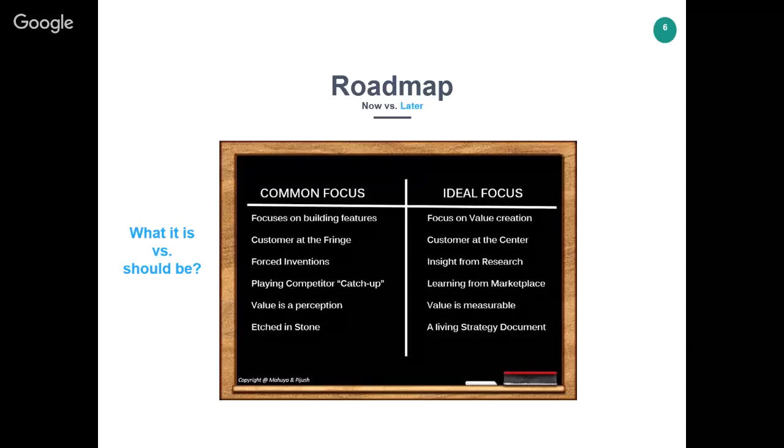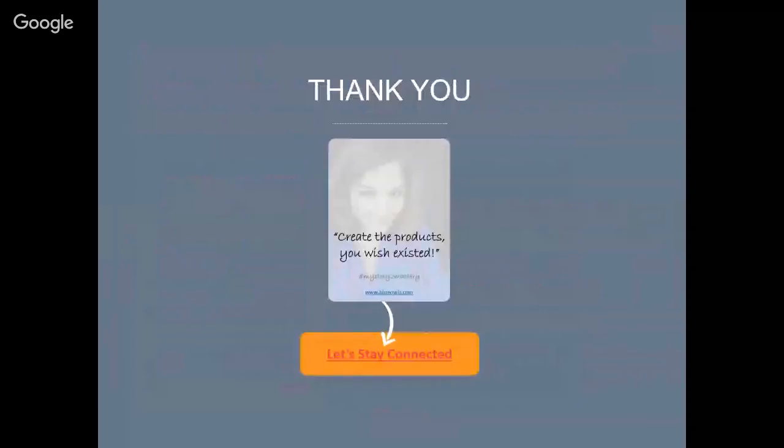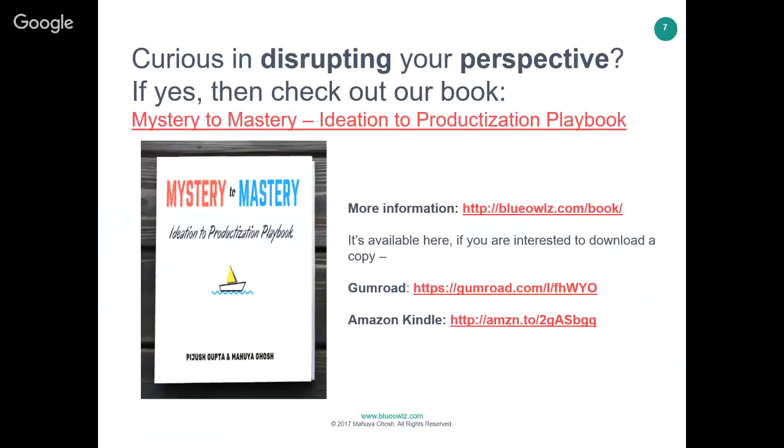Before I move on, I cannot emphasize enough that an ideal roadmap should be based on outcomes, not on features. This slide summarizes the common mistakes that people make and the ideal path. I'd like to conclude by admitting that building a solid product roadmap is indeed a very challenging and daunting task.